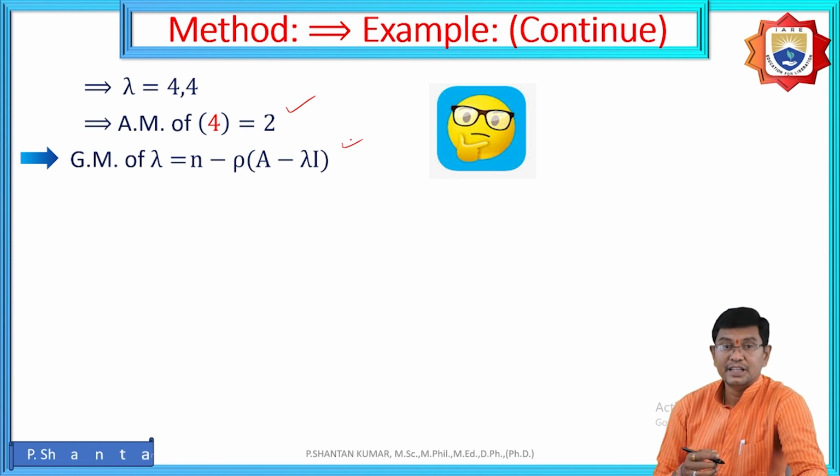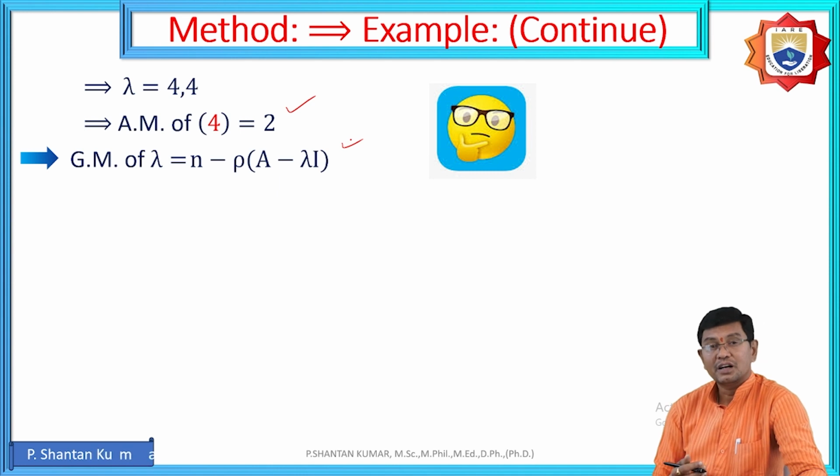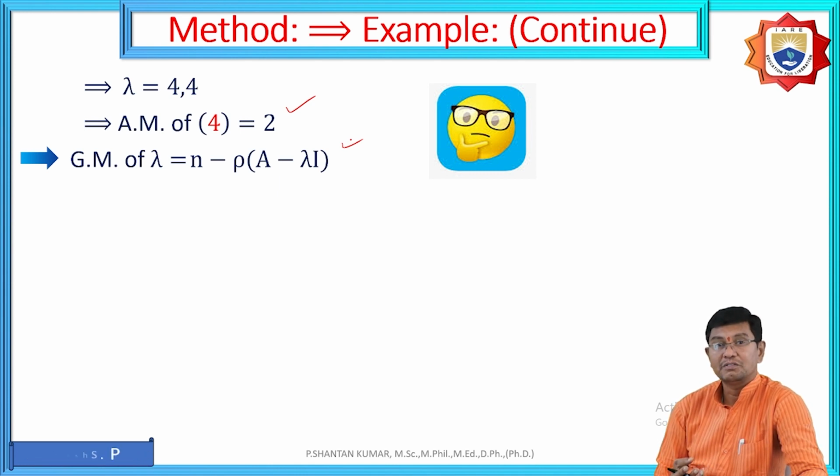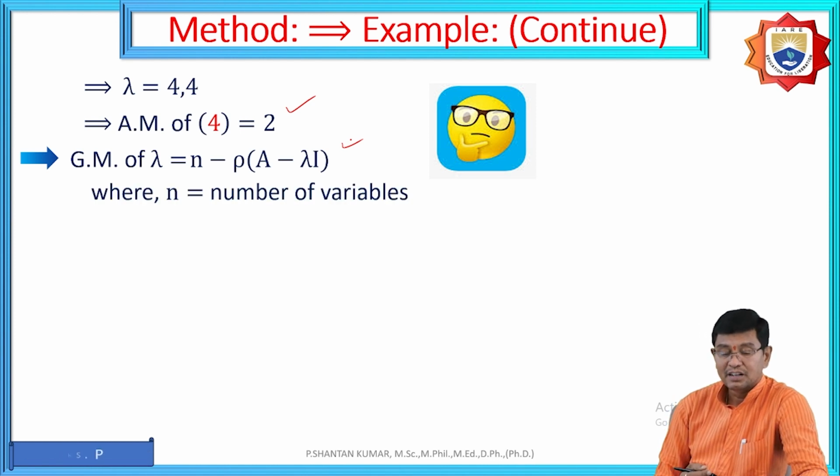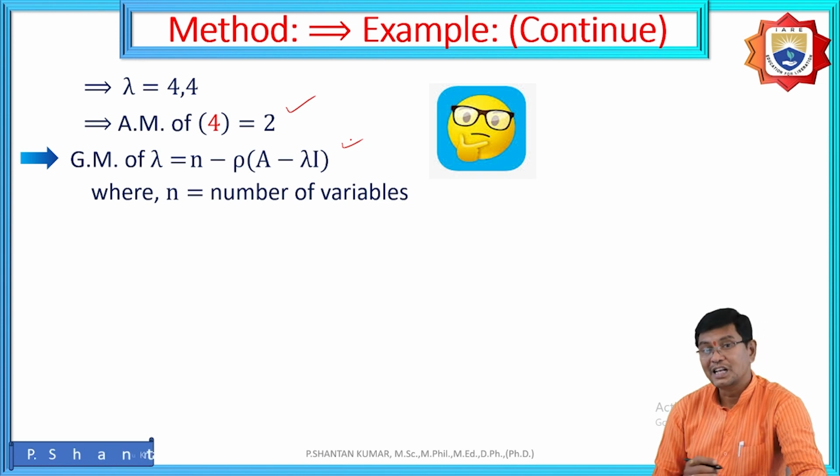In this given matrix, there are 2 equations, so automatically 2 variables. Therefore n is equal to 2. And we need to find the rank of A minus lambda I.